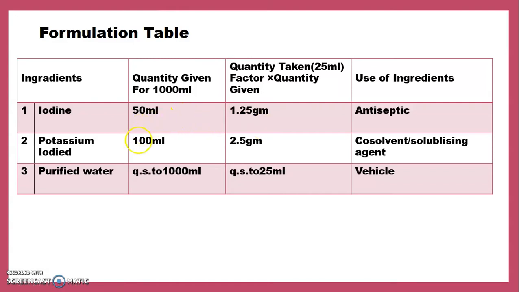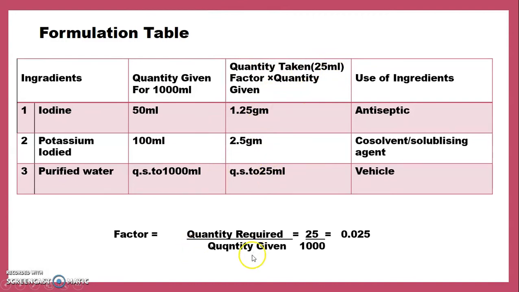So this formula is given in the IP, we keep this formula from the IP, and we prepare the quantities for only 25 ml. This can be prepared by calculating the factor. Factor can be calculated by quantity required upon quantity given. That is, our quantity required 25, quantity given 1000. Our factor is 0.025.